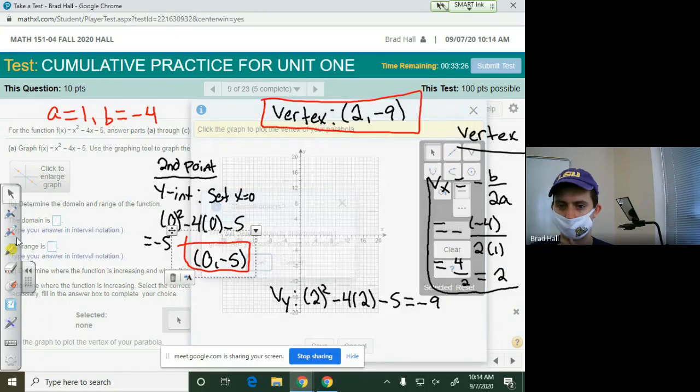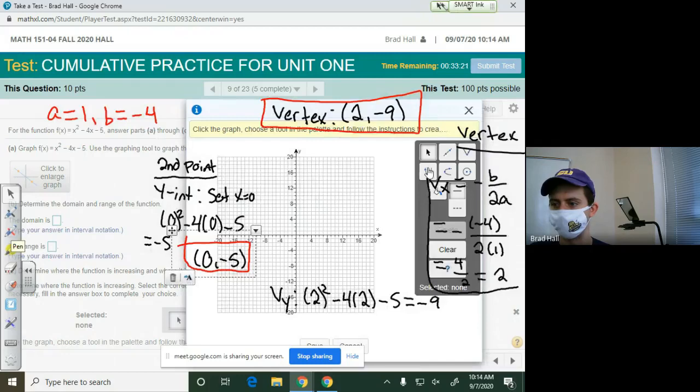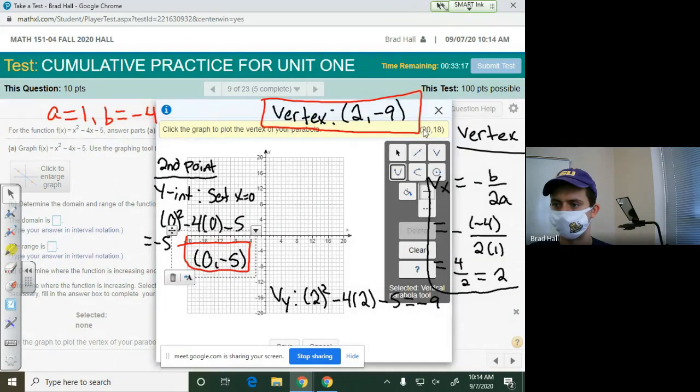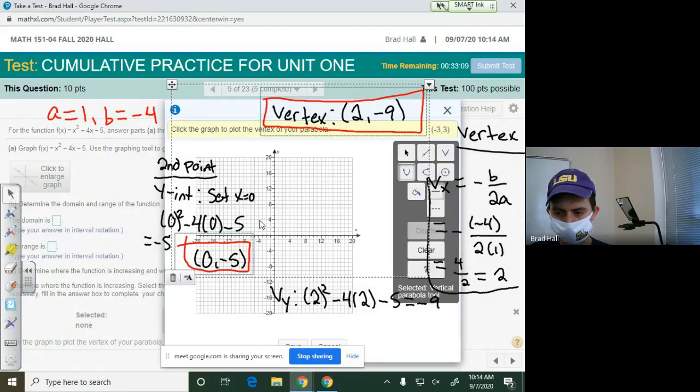There is something in the top right that will tell you where your point's at. So you may notice up here, that will tell you where your point's at. And here, like I said, it was (2, -9), so I can look at that top point up there and see that it does in fact say (2, -9).